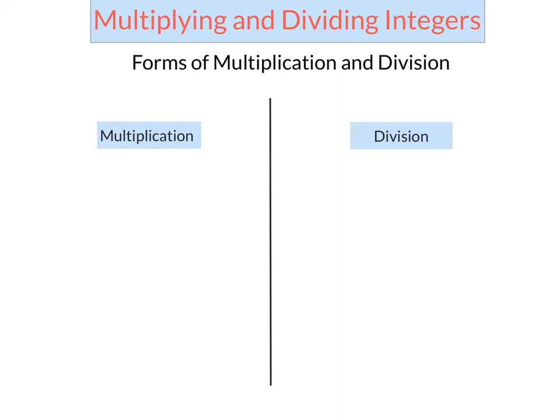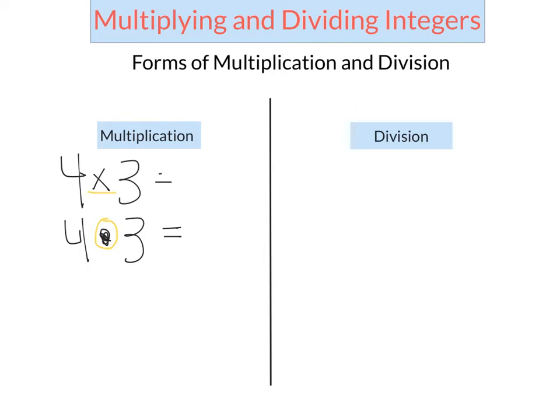We generally see multiplication as this, 4 times 3. But it can be written in multiple different ways. Another example would be 4, a dot, and 3. This dot right here is taking the place of the multiplication sign.